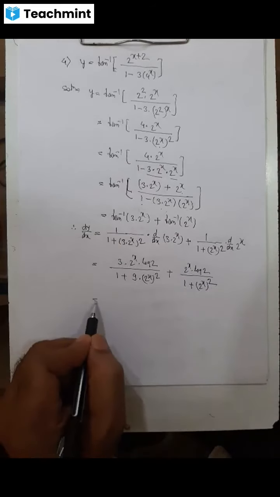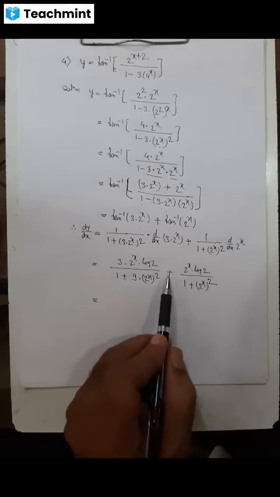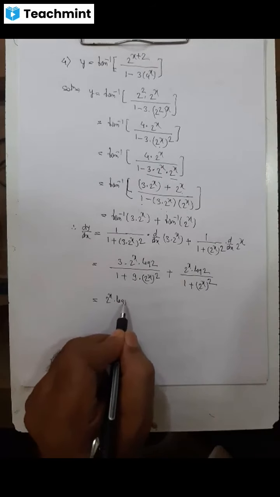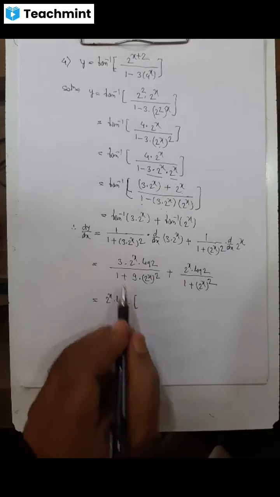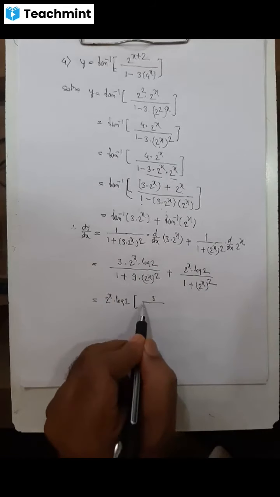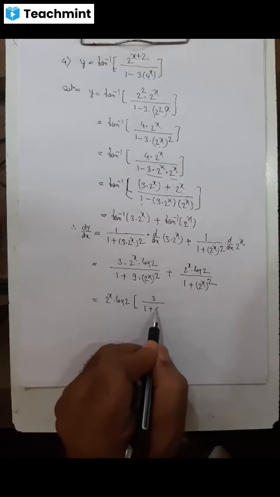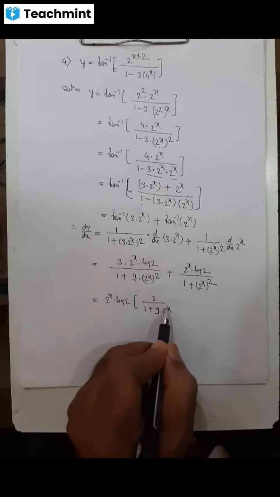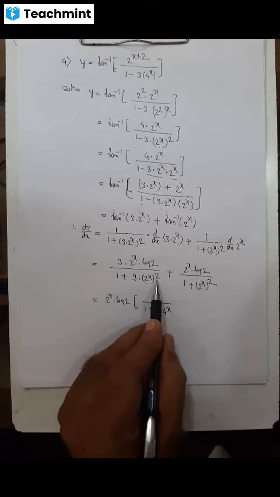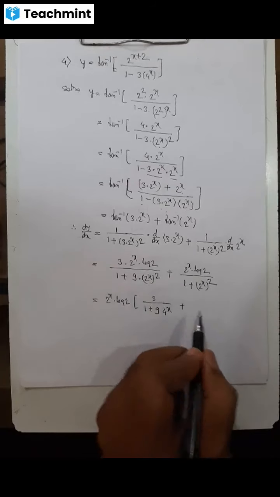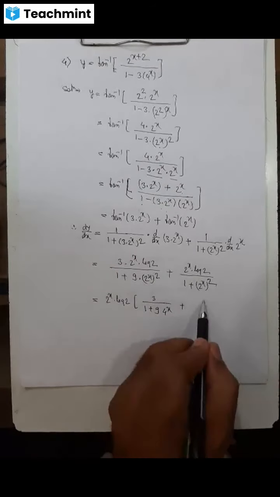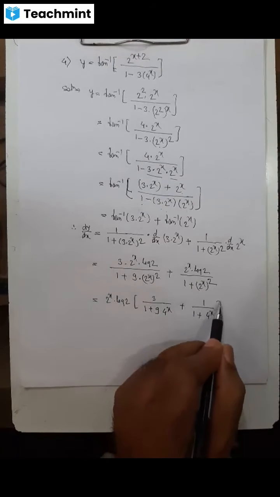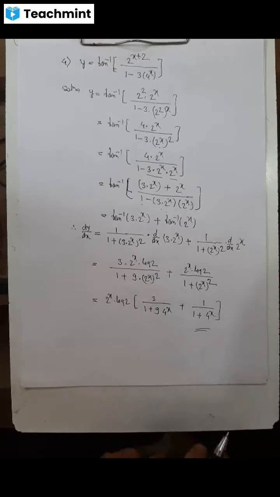Okay, now you can take common if you want. 2 to the power x into log 2 common, and in bracket this 3 divided by 1 plus 9. Note that 2 to the power x square means you can write 4 to the power x also. Directly you can write 2 to the power x square means 4 to the power x, plus 2 to the power x log 2 common, so numerator is 1, and denominator 1 plus 2 to the power x square means you can write 4 to the power x, and this is the solution.